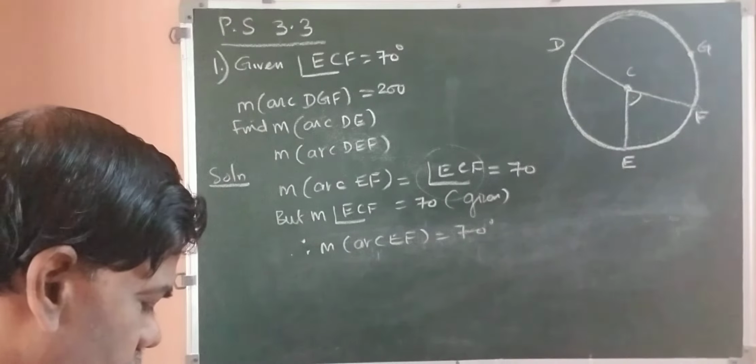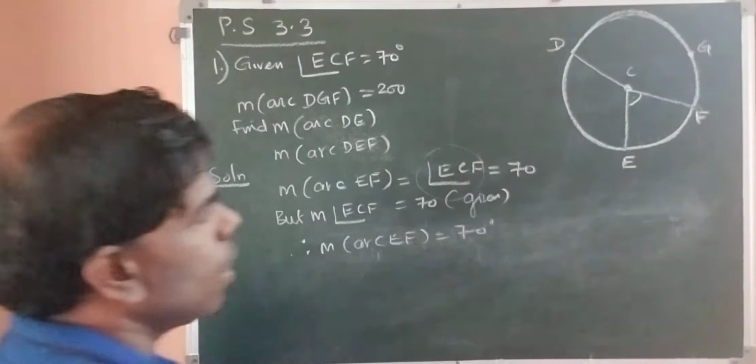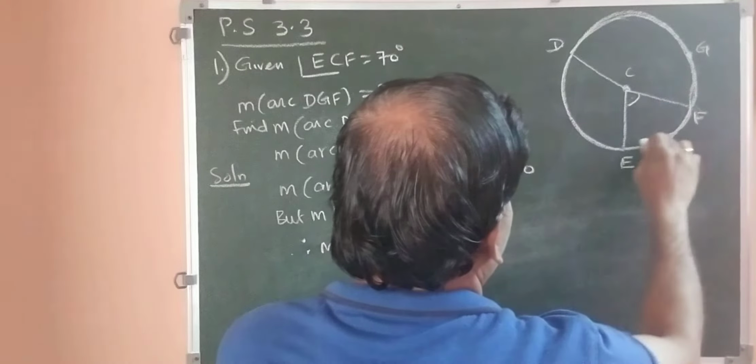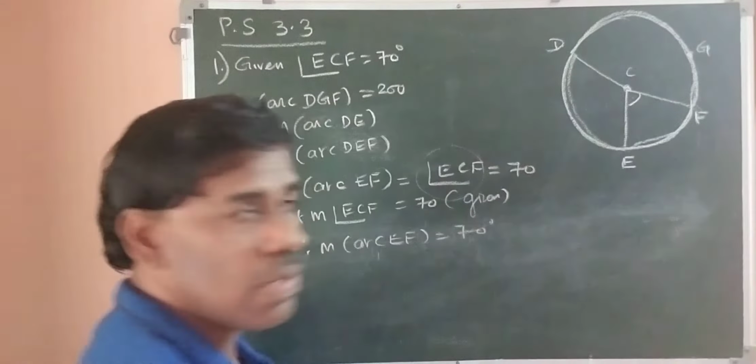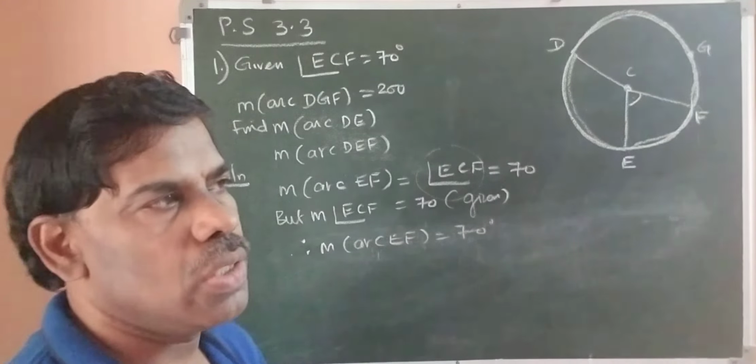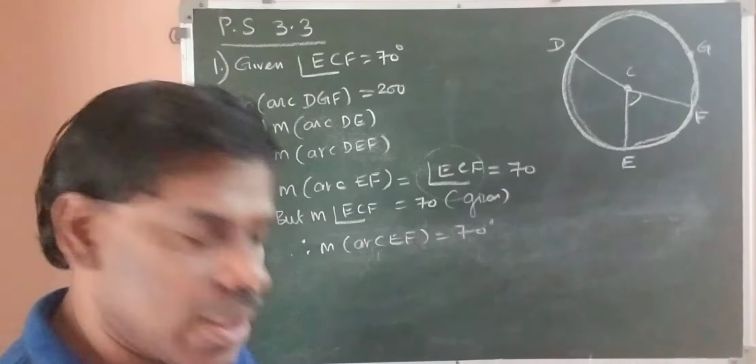Now, very carefully listen. If we add the measure of this arc, this arc and this arc, how much will you get? 360, correct? Because the total measure of the circle is 360.